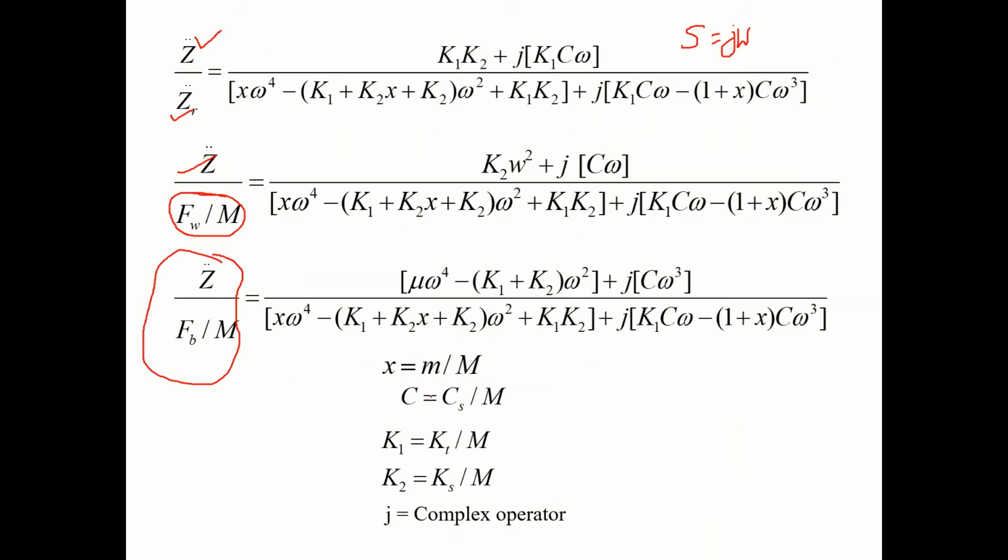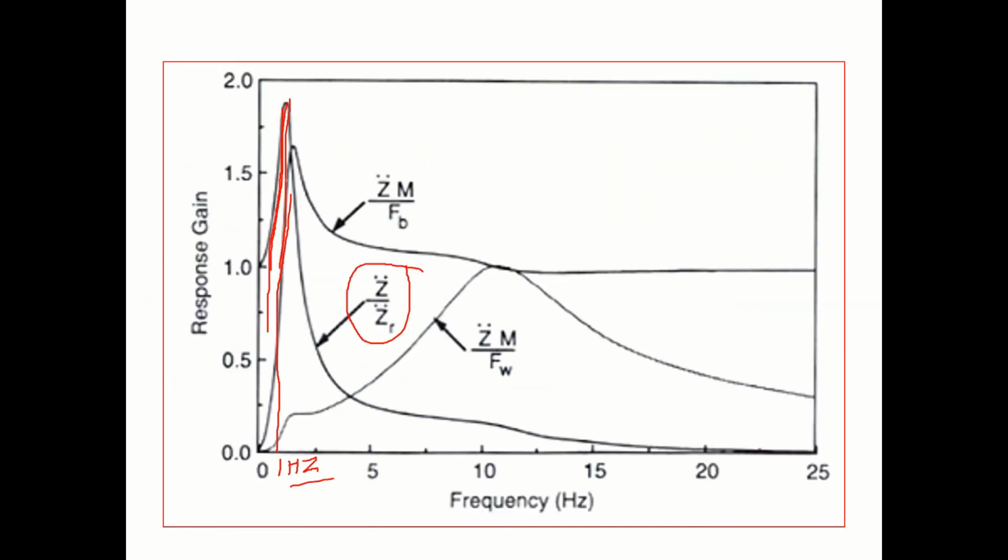So that is the reason why the response is showing a peak value at 1 Hertz. Okay. And this curve, if you look at, this is because of the body force and all that. So slightly a little above 1, it is showing an excitation. Otherwise, whatever be the frequency, it remains constant.